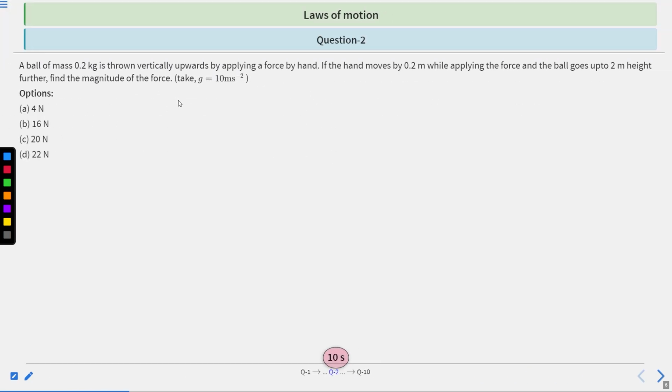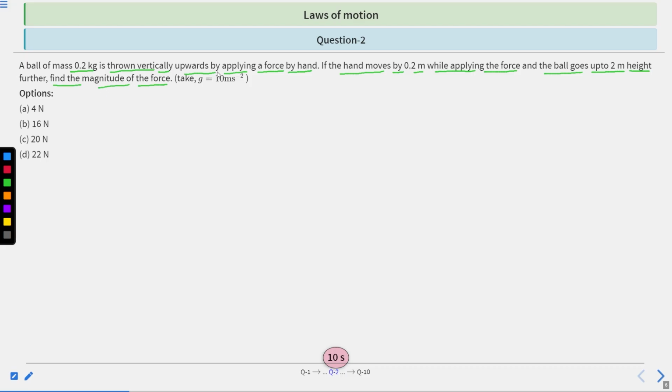Question 2. A ball of mass 0.2 kg is thrown vertically upwards by applying a force by hand. If the hand moves by 0.2 meter while applying the force and the ball goes up to 2 meter height, find the magnitude of the force.